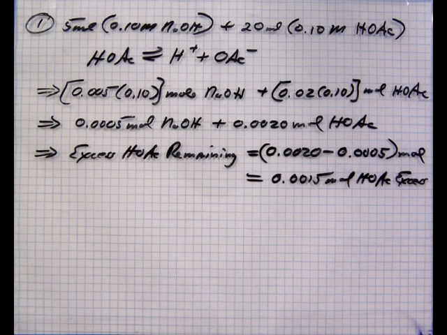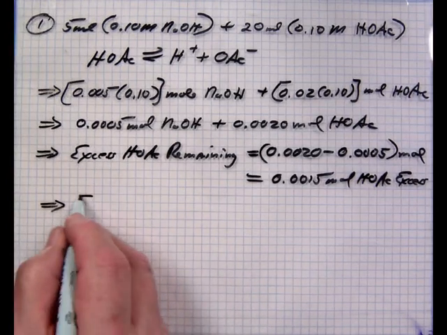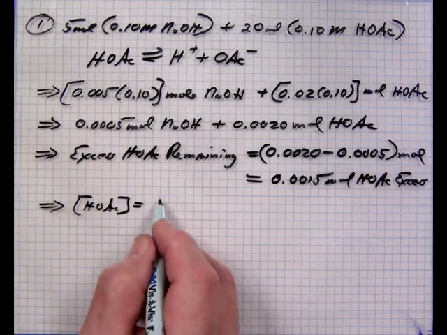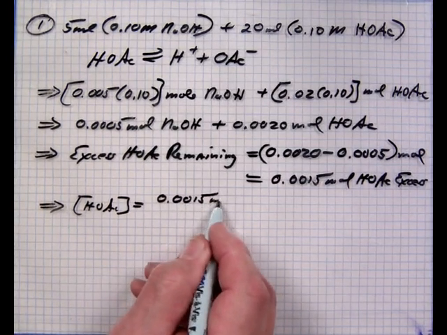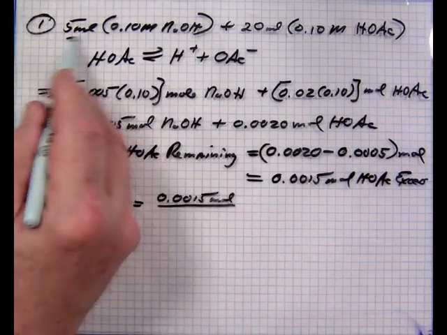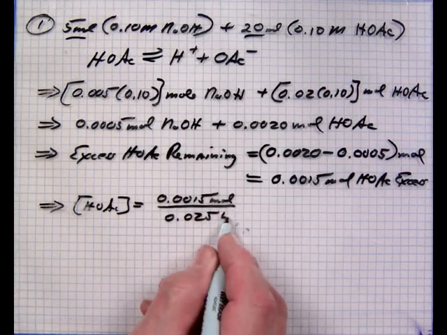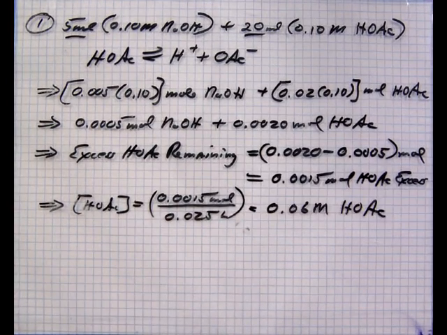So this gives us 0.0015 mole acetic acid in excess, and we need to convert that excess to moles per liter, so that'd be 0.0015 mole of acetic acid in 25 milliliters, which is 0.025 liters. And we find that this is 0.06 molar in acetic acid remaining after the first 5 mils of strong base is added.